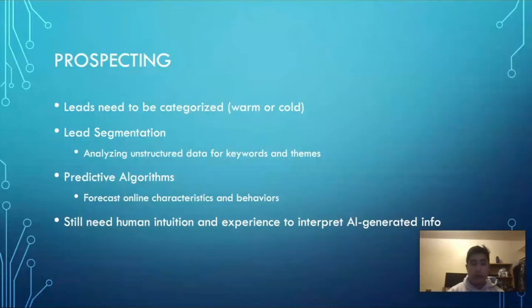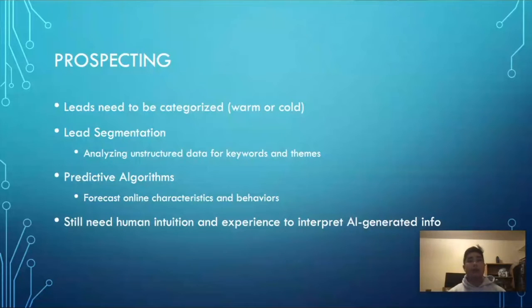So the first stage of the sales funnel is prospecting. This is where you gather leads. So you have a pool of leads that need to be categorized, either warm or cold. This involves a process called lead segmentation, where a sales team can benefit from using AI by having it analyze unstructured data for keywords and themes.